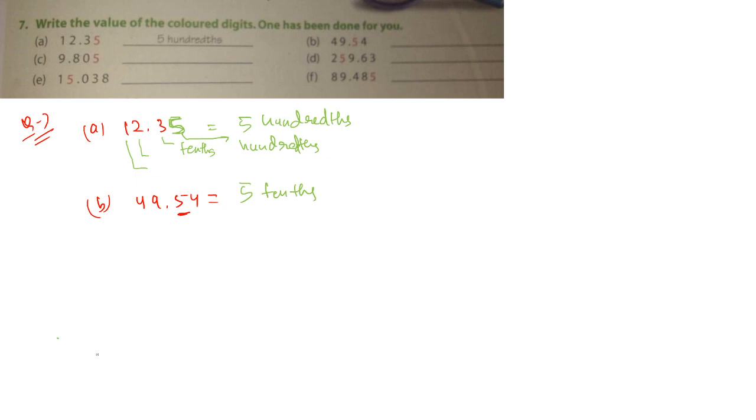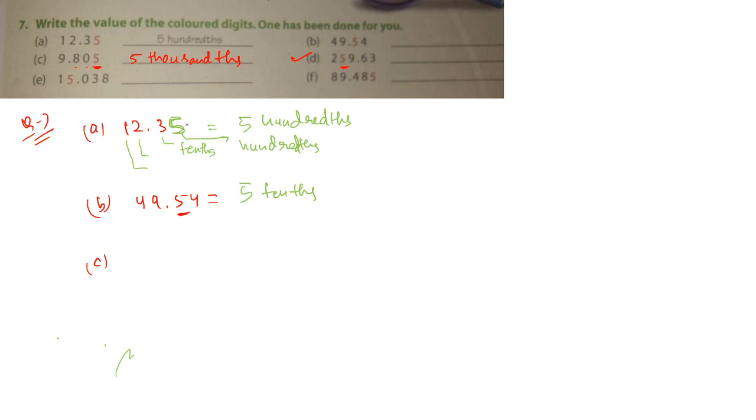Now question number C says, you can see here, we have to tell the place value of this 5. So this is tenths, this is hundredths, this is thousandths. So you will write 5 thousandths. Okay, then in D you have to tell the place value of this 5.